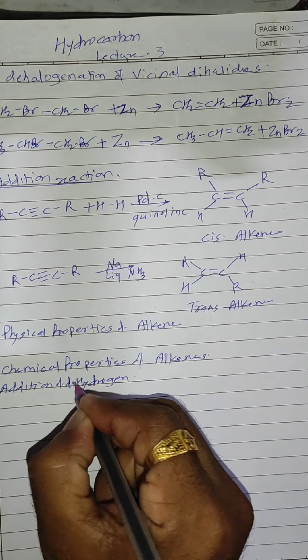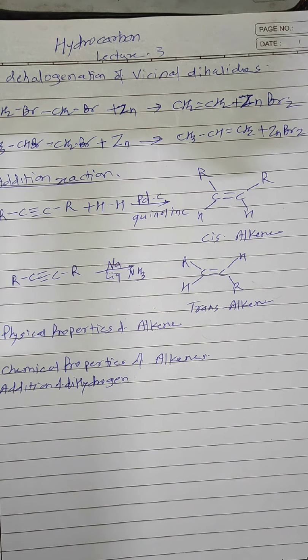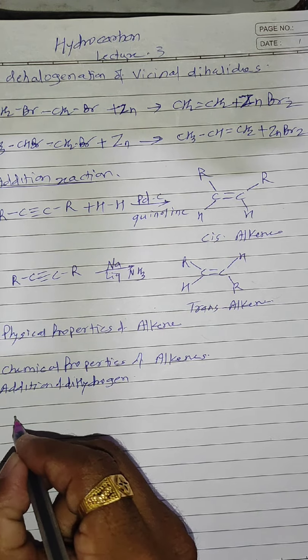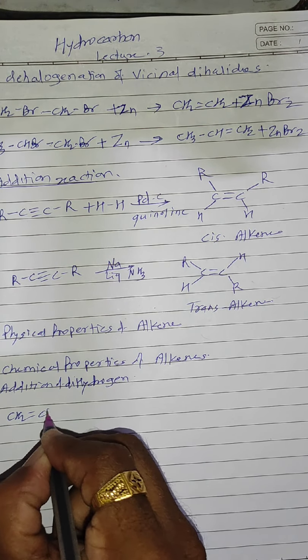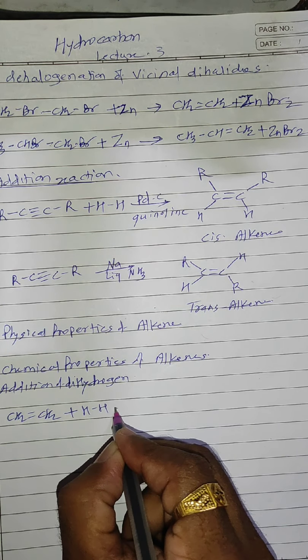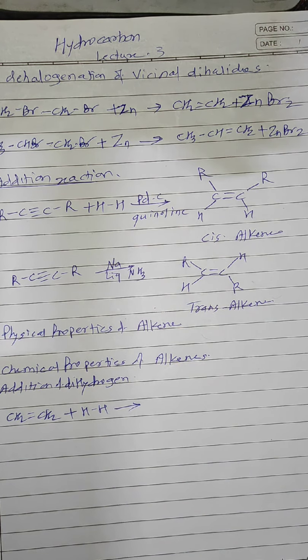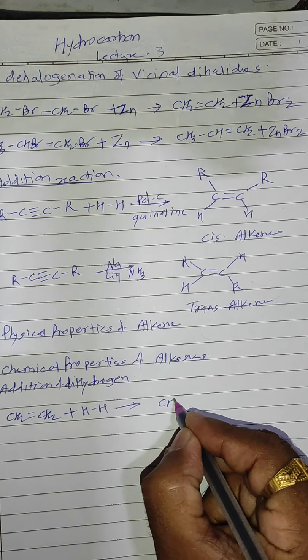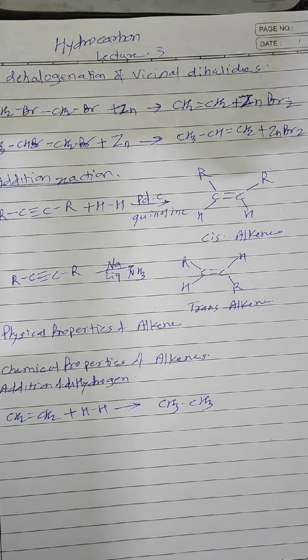Now in this case, when an alkene like ethene, CH2=CH2, is added with H and H in presence of a catalyst like platinum or palladium, they add together and form the corresponding CH3-CH3.